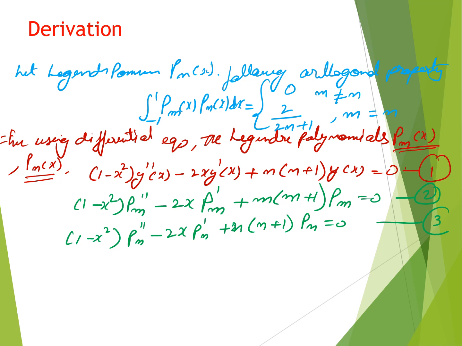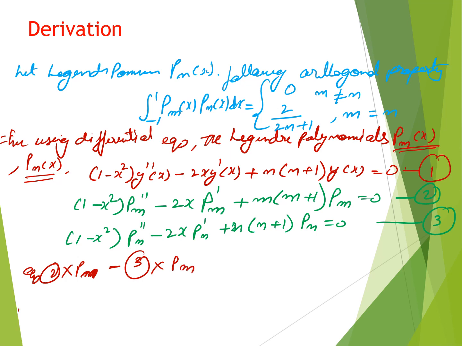This is equation 3. Now we multiply equation 2 with Pn and subtract from it equation 3 multiplied with Pm.